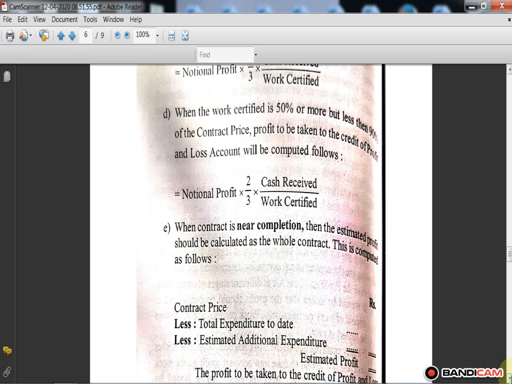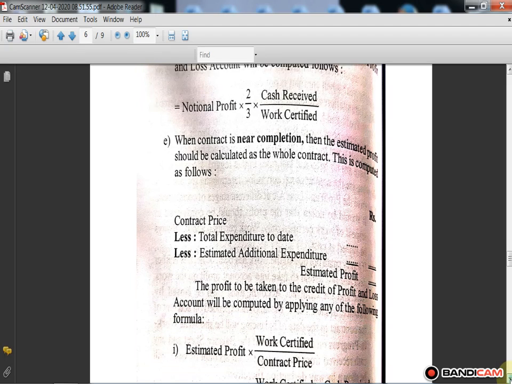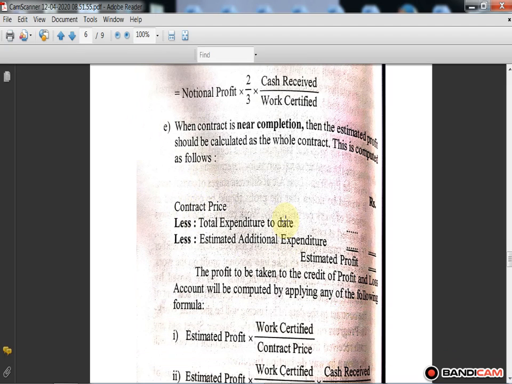If the contract is near completion, that means 96 or 97% of the work is done by the contractor, then all estimated profit should be taken into consideration and computed as contract price less total expenditure to date, less estimated additional expenditure.